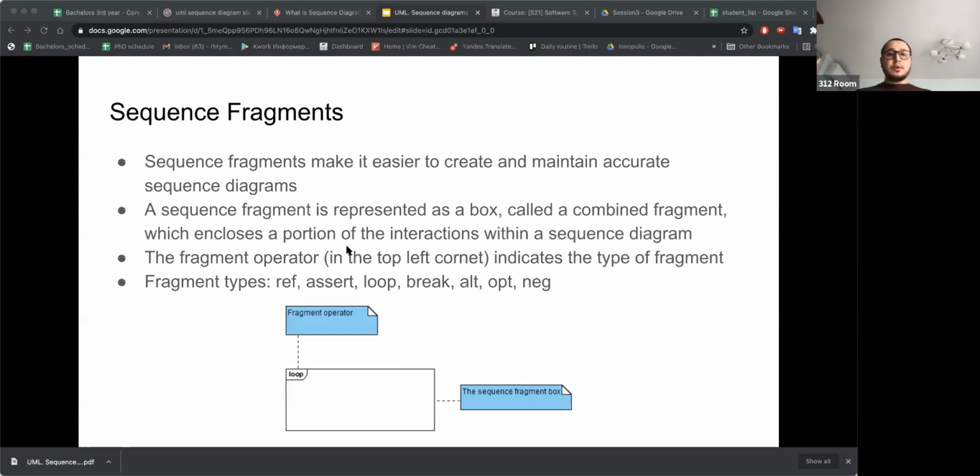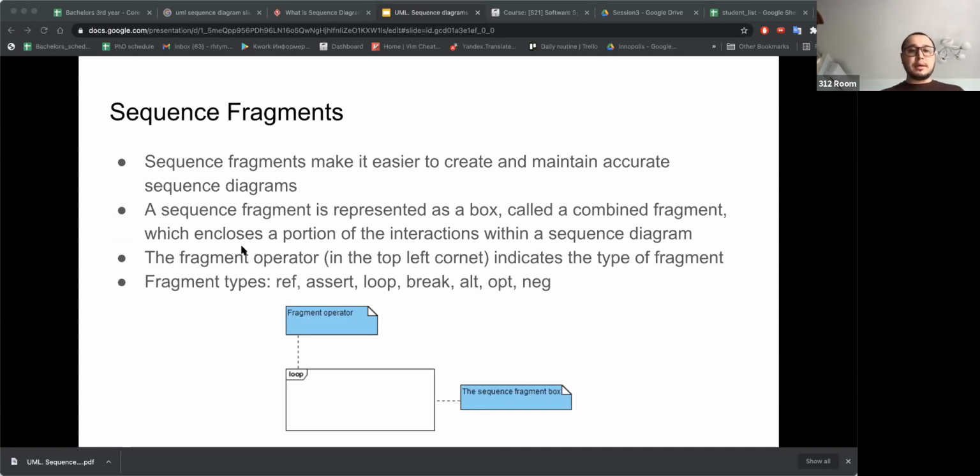And we also have fragments. We can introduce fragments within the sequence diagram. You can think of a fragment as a module, but it has some property, for example, a type.